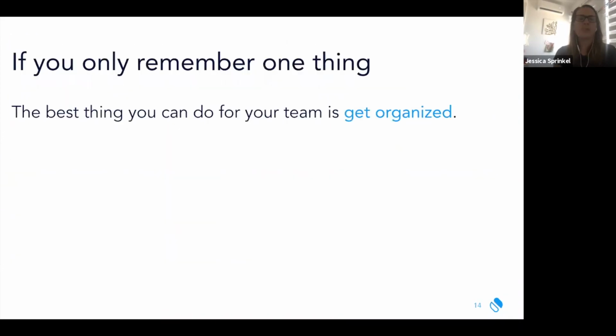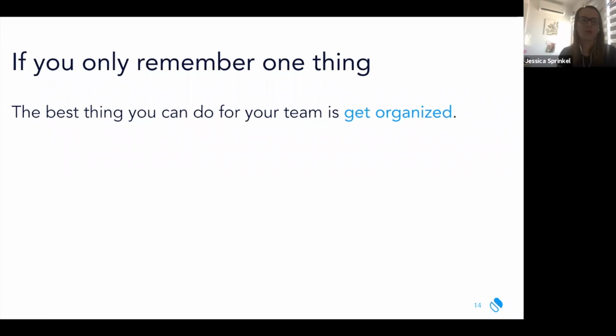If you only remember one thing from this webinar, the best thing you can do for your team is to get organized. As a marketing leader, you set the tone for how your team is operating and whether they are overwhelmed or sticking with it. The best way to help people be motivated and focused is to have a plan. Plans are reassuring, they're goalposts, they're not so insane.